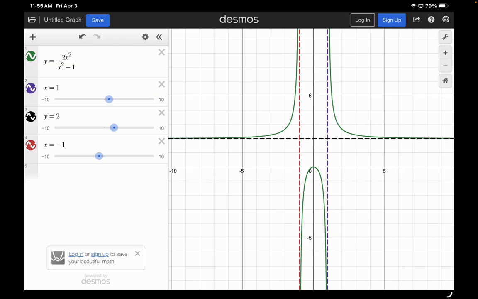If you're taking an even root, it's not the case for x cubed, but it is for x to the 4th, you have to account for pluses and minuses, because if you square -1, it's going to give you 0 in the denominator.